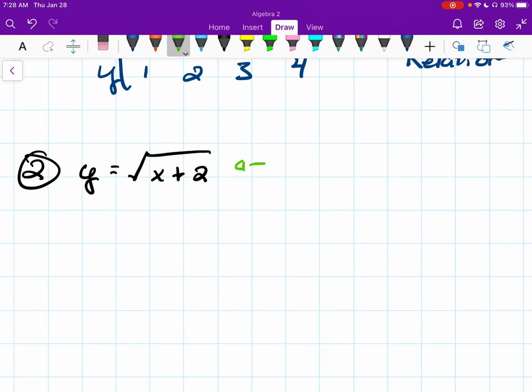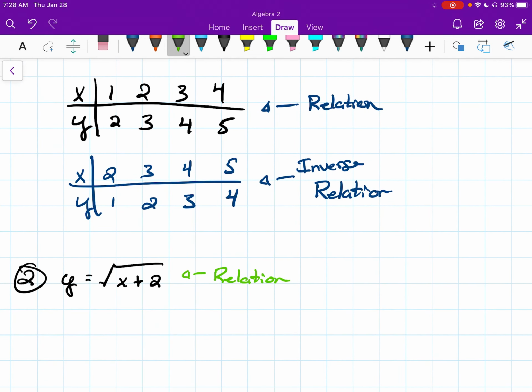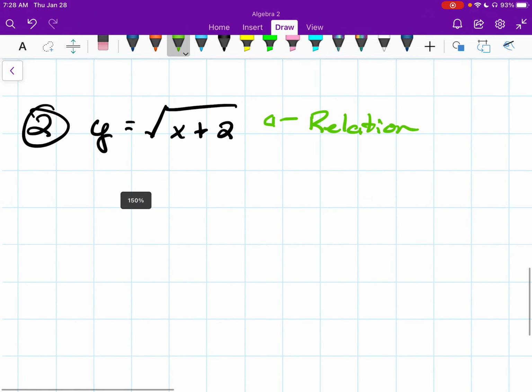So this is our relation. What we want to do is list it with the variables swapped, right? That's what we did up here. With the points listed like that, it makes it a little bit easier. But here we're going to have to do a little bit more work.